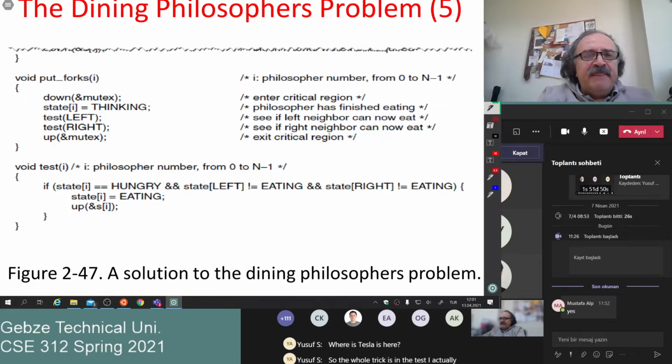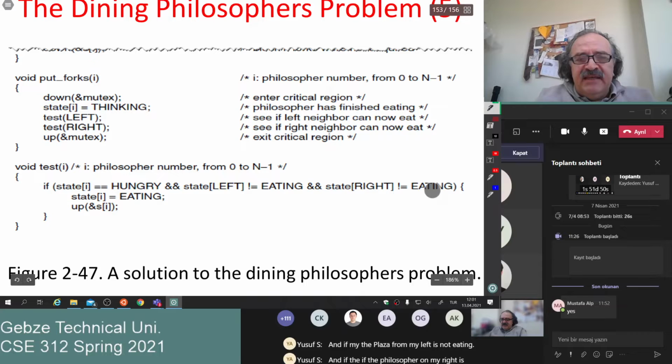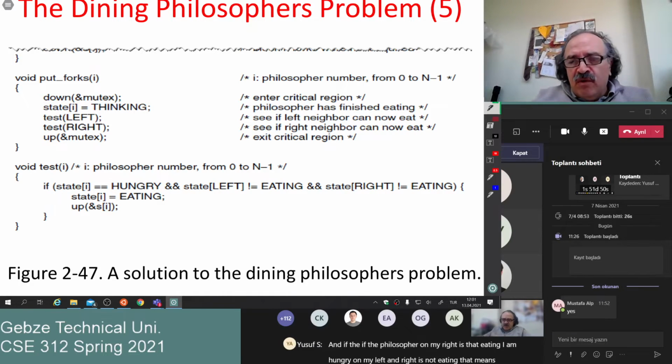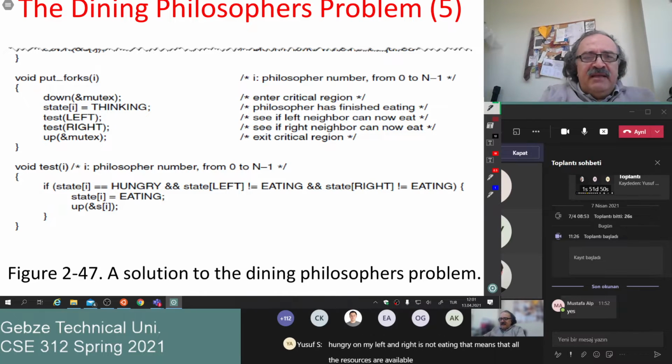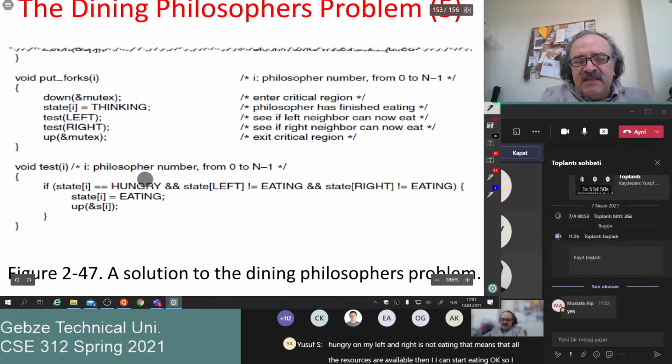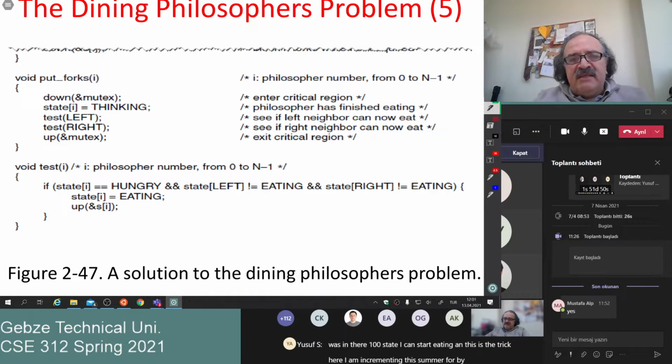Test I says that if my state is hungry, and if the philosopher on my left is not eating, and if the philosopher on my right is not eating, that means that all the resources are available, then I can start eating. So I was in the hunger state, I can start eating, and this is the trick here. I am incrementing the semaphore by 1, my semaphore by 1.